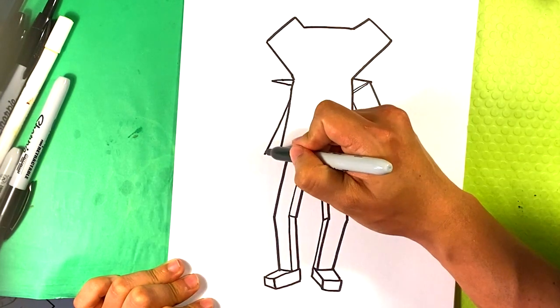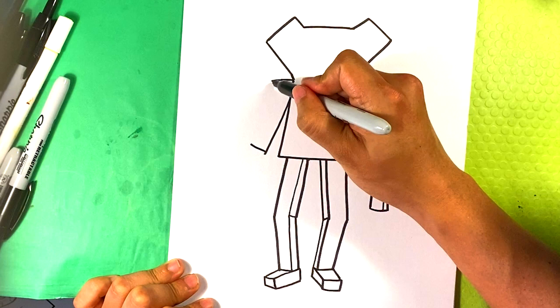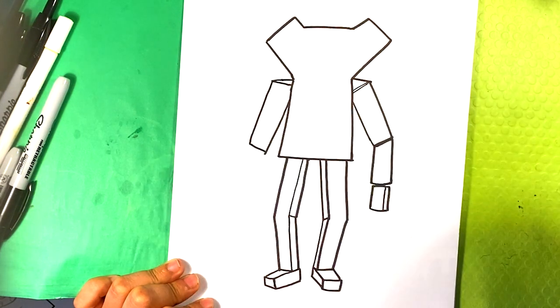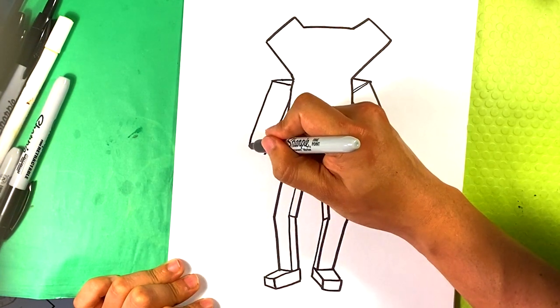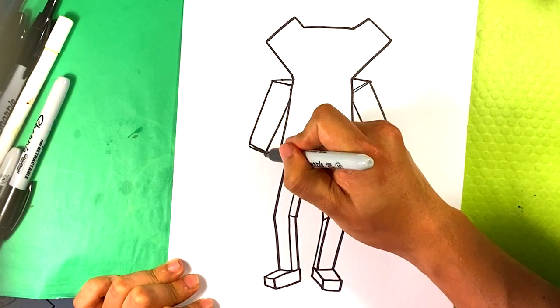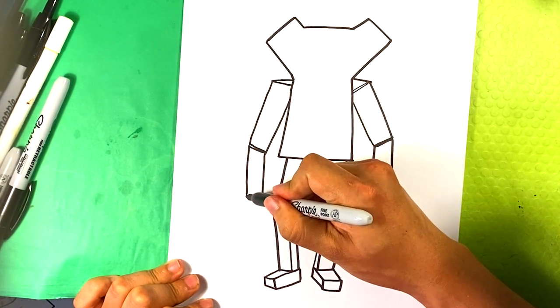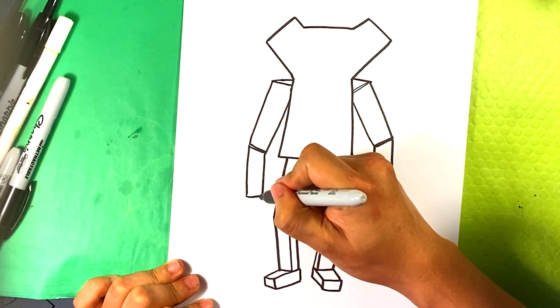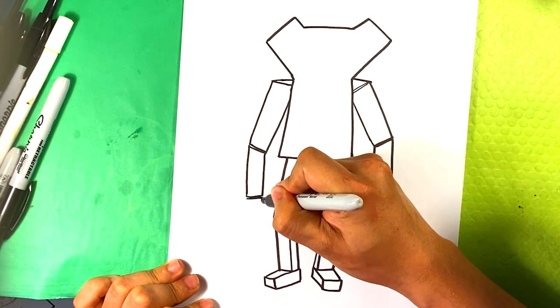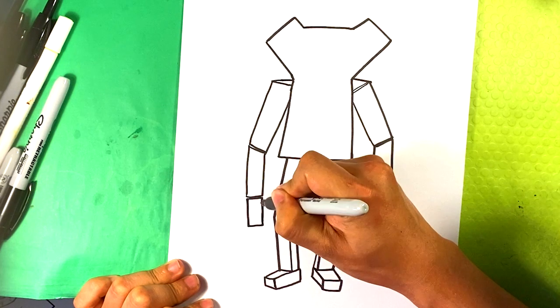Line out. Over here, the elbow. Line over here. Line over there. Down. Down. Line over here. And biscuit hand.